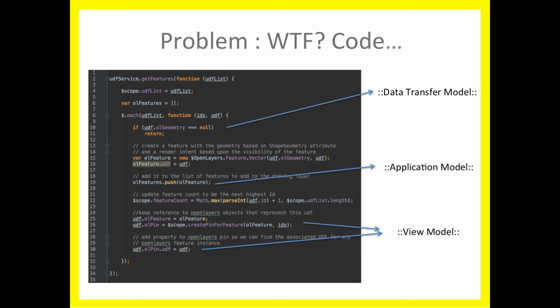So the very first thing that happens in this is, you can see here it's got this UDF service, and it's getting the features from a service. And then it's making a decision on the thing that comes back from that UDF service, deciding whether it's going to draw this pin on the map.